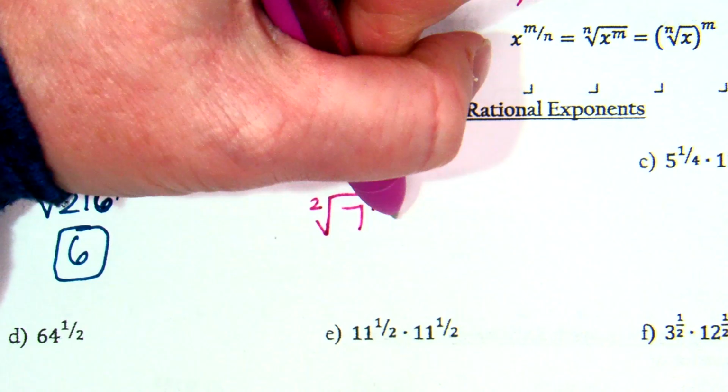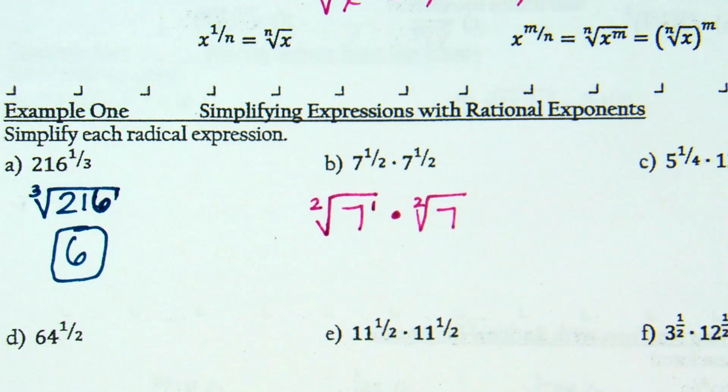What's the square root of 7 times the square root of 7? You can think square root of 49, because as long as they're the same root, you can multiply. Square root of 7 times square root of 7 is square root of 49, but we know the square root of 49 is 7. You could also just think square root of 7 times square root of 7 is 7 if you want.